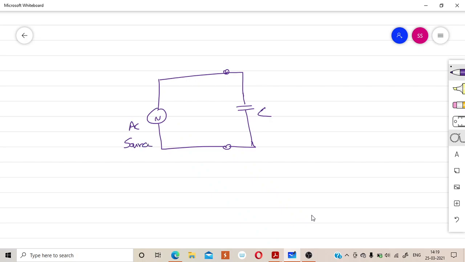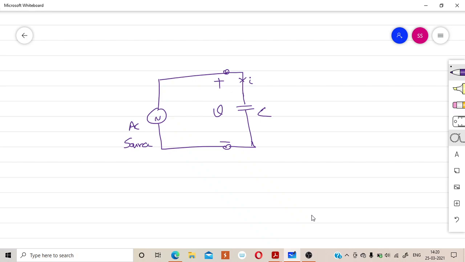Then I have the voltage with plus and minus terminals, and the current to the capacitor is denoted as small i.